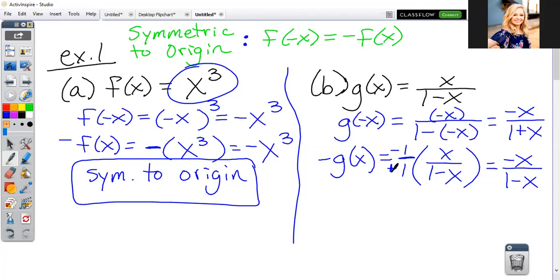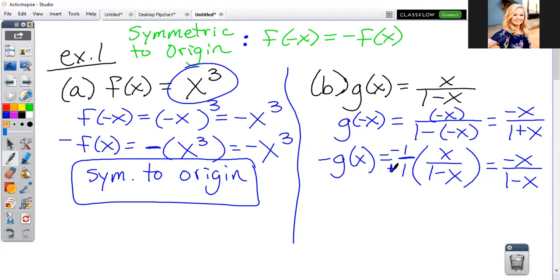So many rules in math, but it's the same rule you've always used. This negative can go to the top or the bottom, but it can't go both, because if it's a negative over a negative, now it's a positive. You're taking the negative away. So only multiply that negative by either the top or bottom, and I would pick whichever one's easier. To me, the easier one's the top.